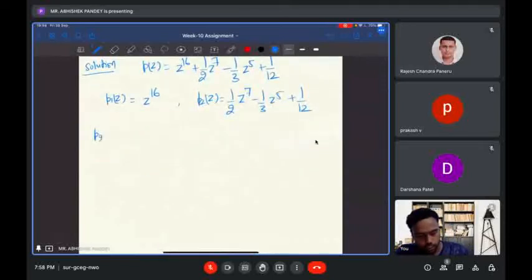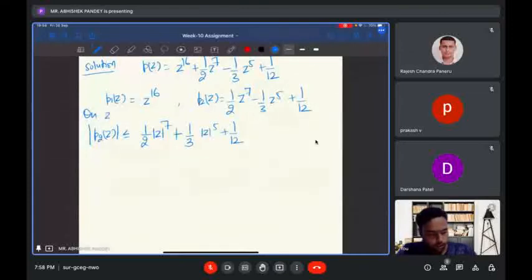Now you calculate the modulus of p2(z). This will be less than or equal to 1 upon 2 mod z to the power 7 plus 1 by 3 mod z to the power 5 plus 1 by 12 on mod z equals 1. So this will always be less than 1, which is less than the modulus of p1(z) on mod z equals 1.